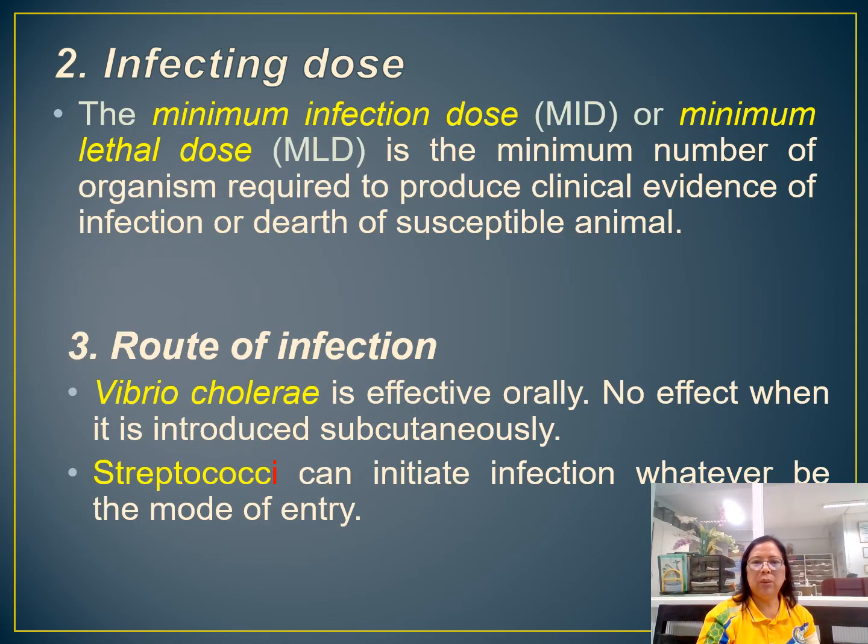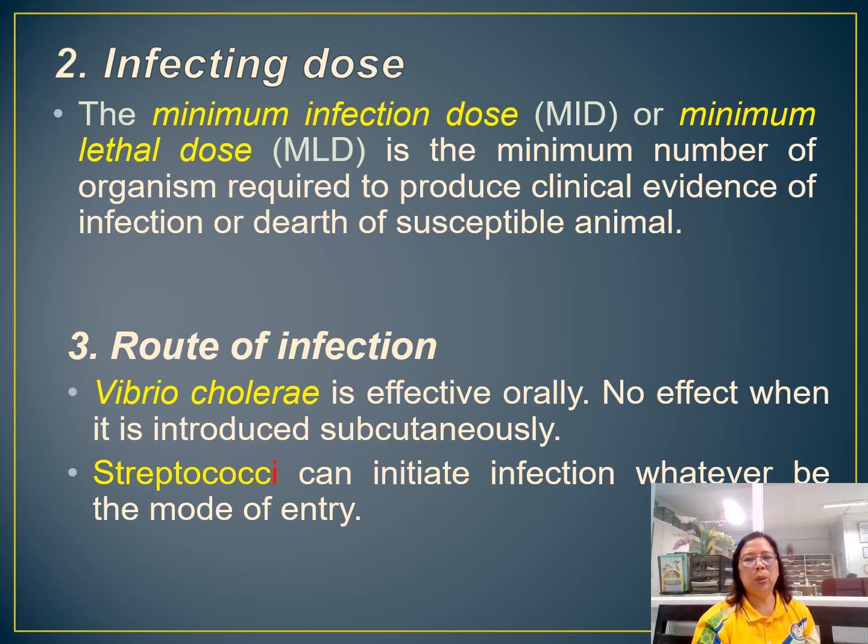So we have also the infecting dose, referring to the minimum infection dose or MID, or you have also the minimum lethal dose, or the capability of the microorganism to produce the desired volume or population in order to infect skin or a part of a body.